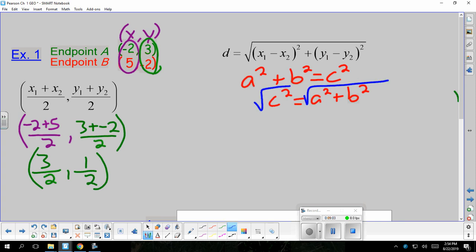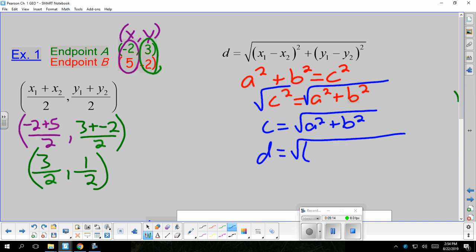And I get c equals the square root of a squared plus b squared. Notice our distance formula. We have the square root of x2 minus x1 squared plus y2 minus y1 squared. Okay.